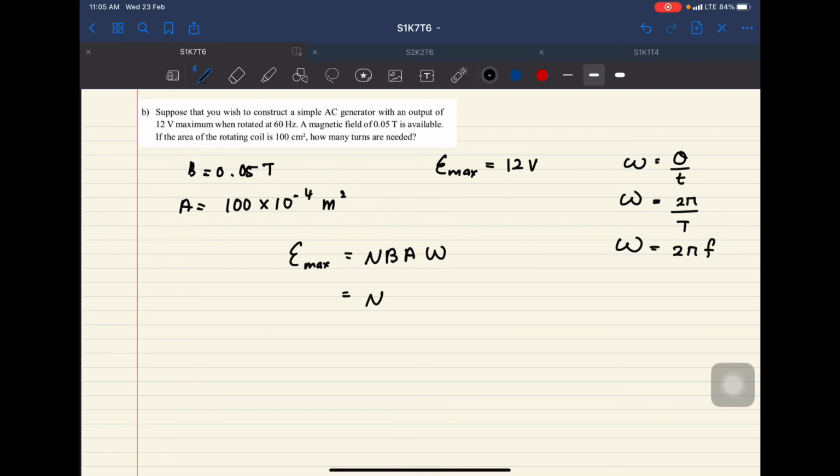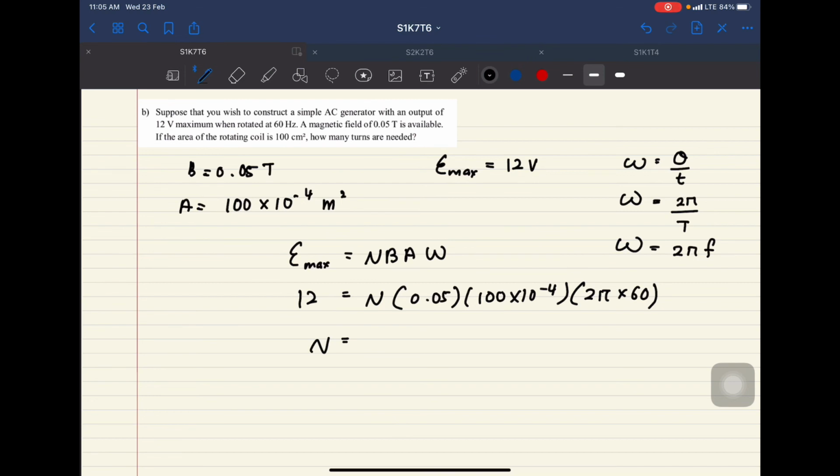So N B A omega, where omega is equals to 2 pi f, and this one becomes 12.